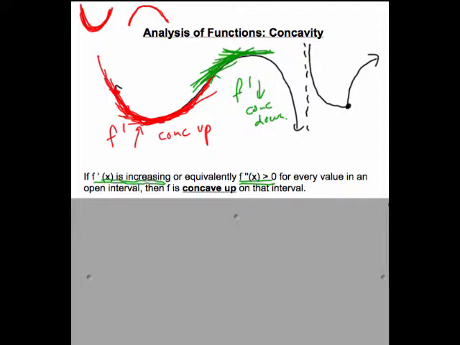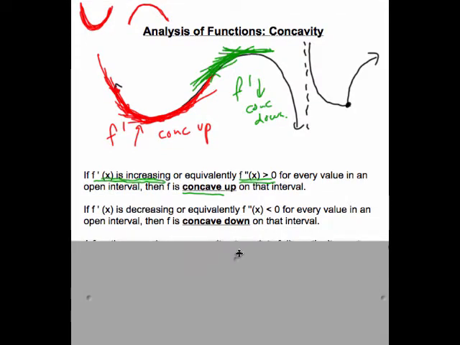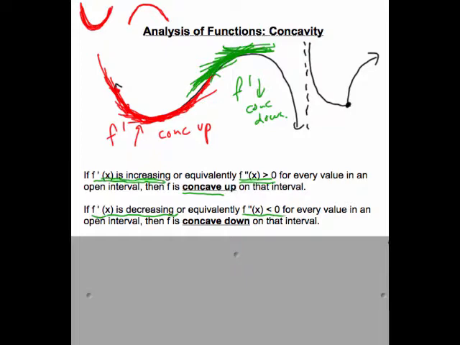So when these things happen, the graph is concave up on the interval. Okay, now let's look at it in terms of concave down. So just to run through it again, if my slopes are decreasing, if my derivatives are decreasing, when something's decreasing, its derivative, in this case the second derivative, is negative, we will be on a concave down part of the graph.